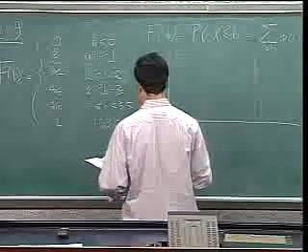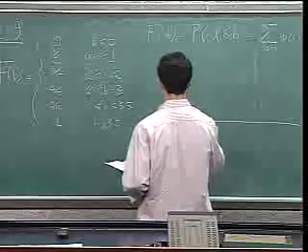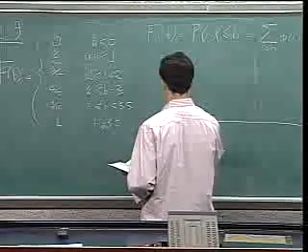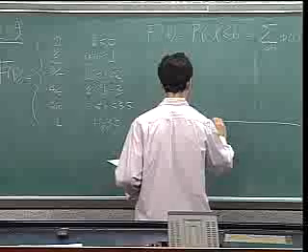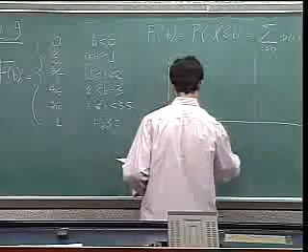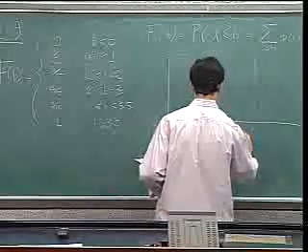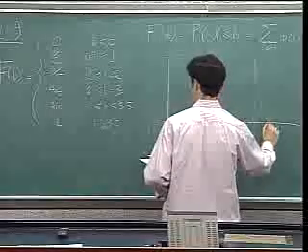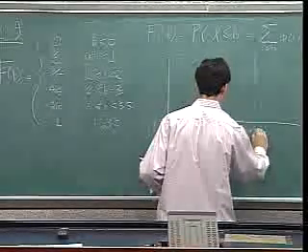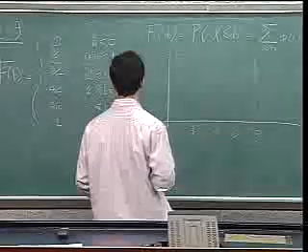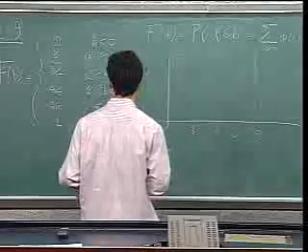Okay. So we have values 0, 1, 2, 3, 3.5, and those are basically the important points.